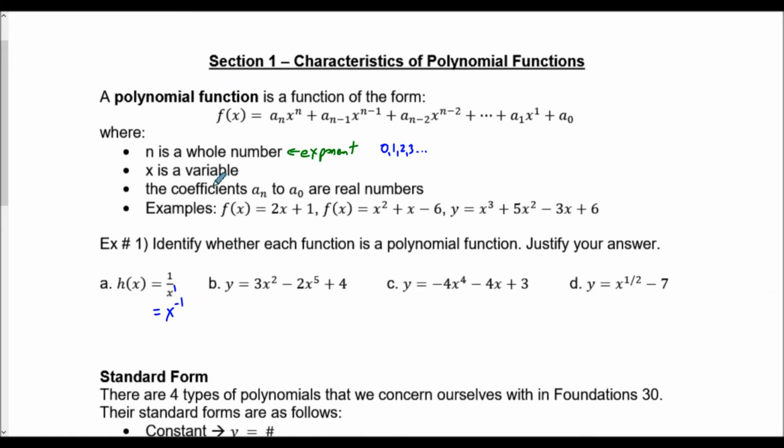And by the definition, the n, that exponent, has to be a whole number. -1 is not a whole number. So because it's not a whole number, this is not a polynomial.